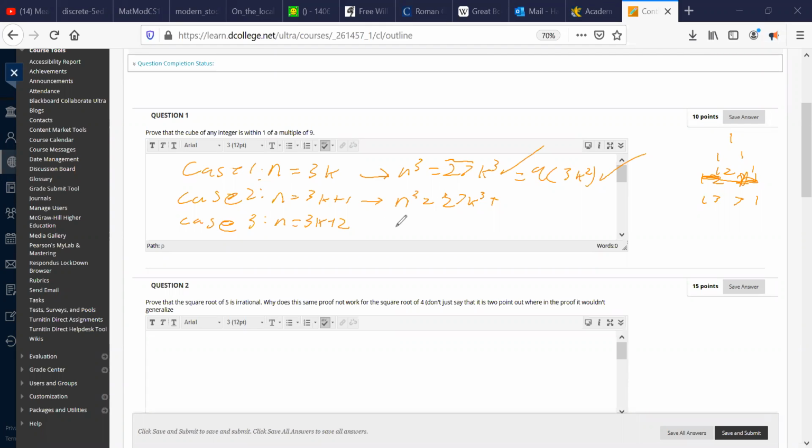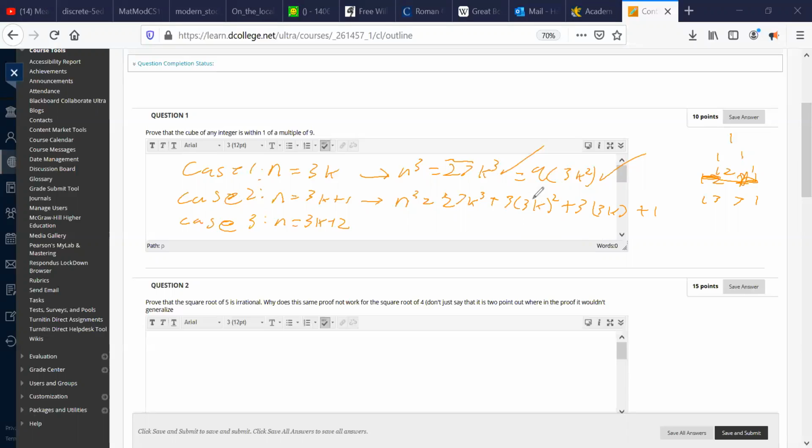So that tells me that this is the 3k all cubed plus 3 times 3k squared plus 3 times 3k. And then I get plus 1.